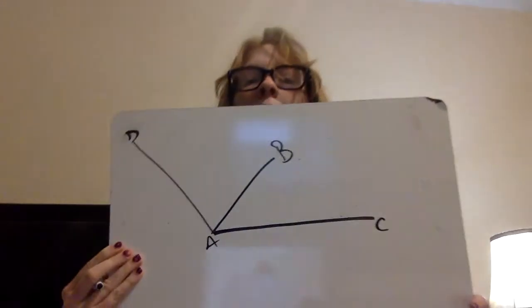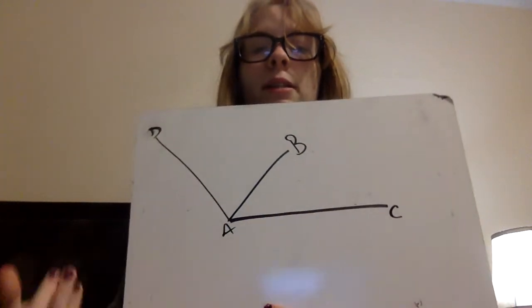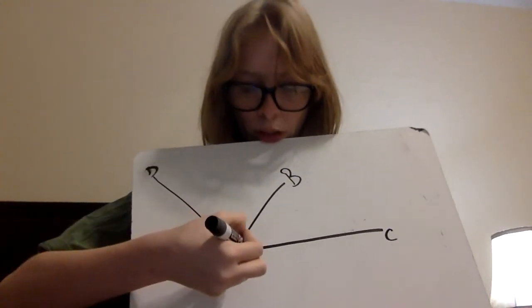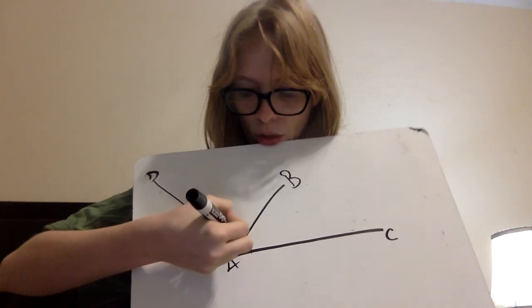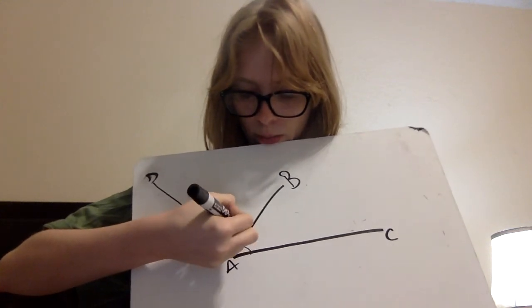Let's say that we have like a weird angle. So this is A, B, C. All right, so let's say that we know that the total measure right here is 120 degrees.